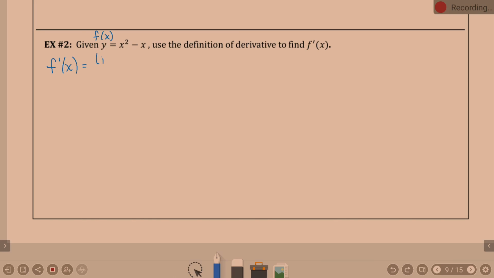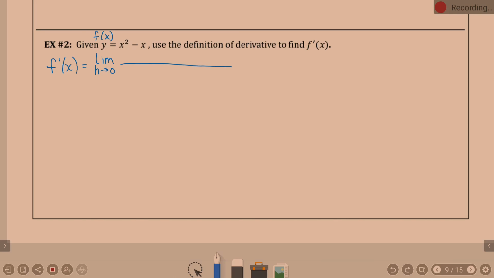The limit as h approaches 0. Can we go ahead and start plugging in? I don't need to write the original definition, do I? Okay, f of x plus h. Every place I see an x, it becomes x plus h, right?